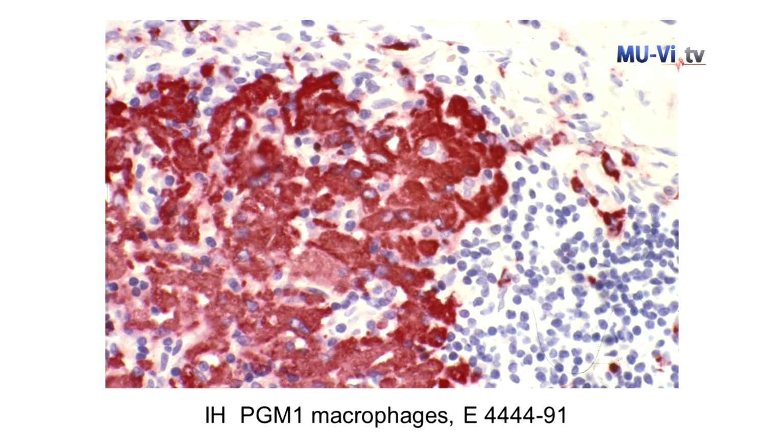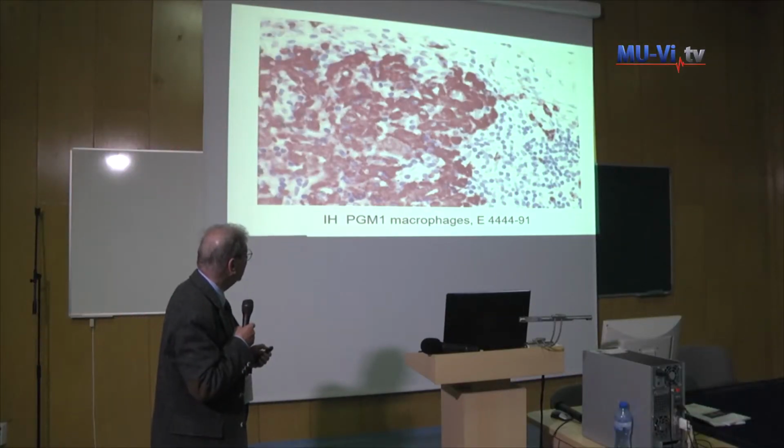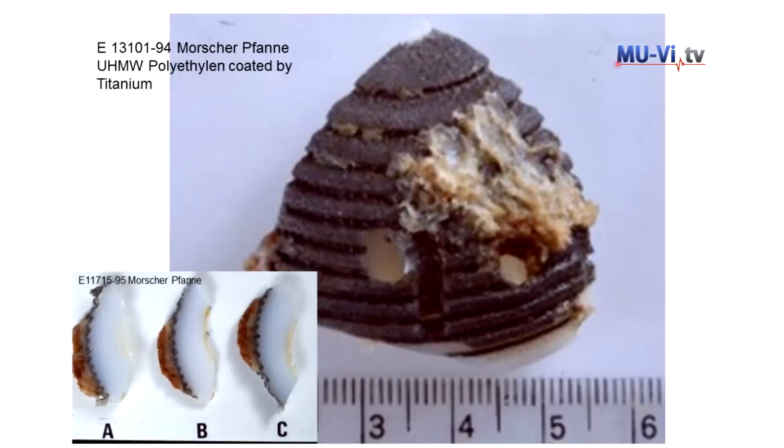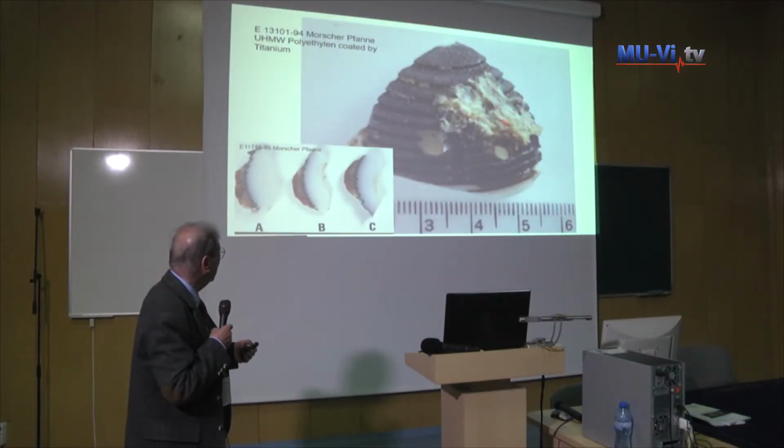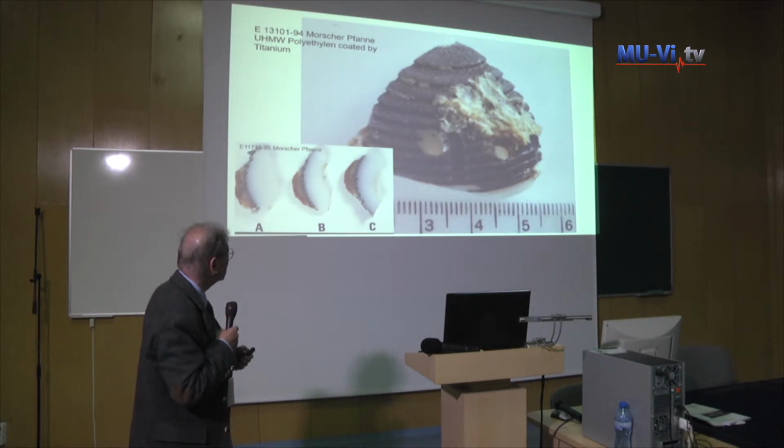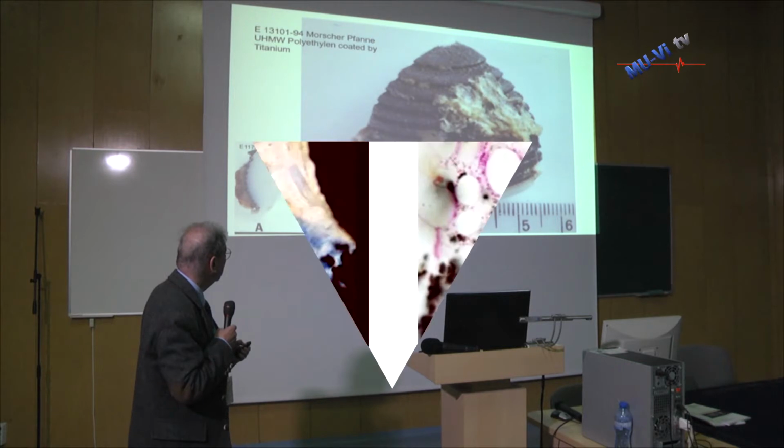The macrophages are predominant in this situation, and they contain the particles. This is an immunohistochemical stain for macrophages with PGM1. Abrasion plays an important role, for example, for these metal caps, where you see the scratches here, and the generation of particles is unavoidable in this phase.